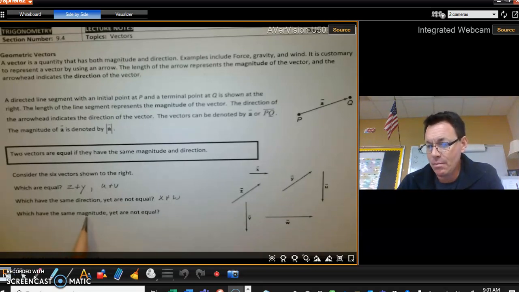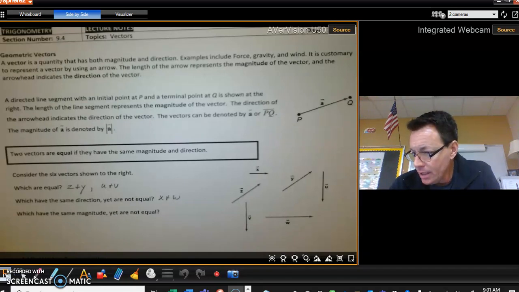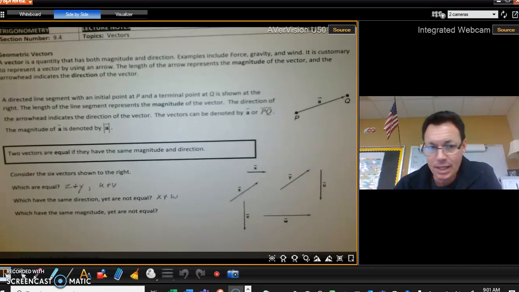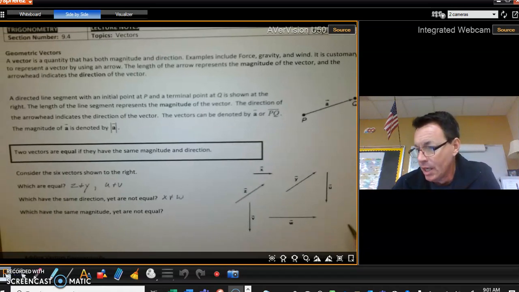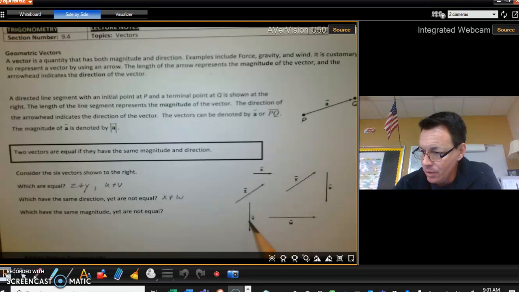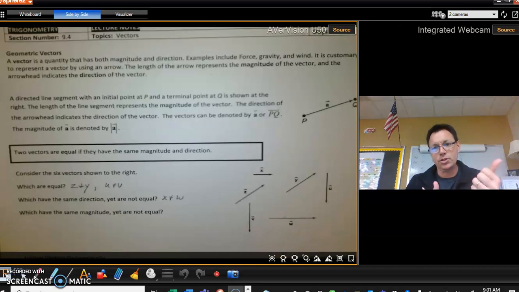And then which have the same magnitude but are not equal? Looking at this picture, to know that they have the same magnitude we'd probably have to measure them. But it looks like V and W are the same length, but they're going in different directions, and that makes them not equal.